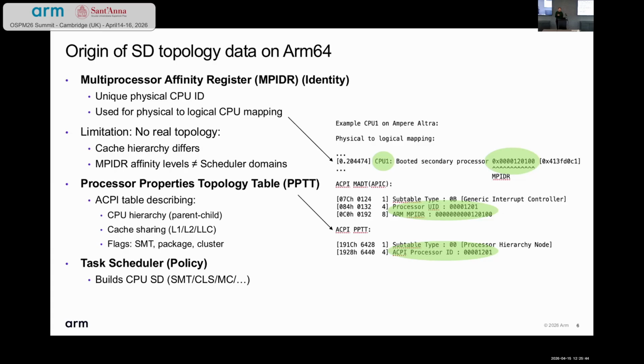This is where our firmware guys essentially map ACPI processor IDs, which we get from another ACPI table, to processor hierarchy nodes, and they describe leaves like CPUs, which we then form into scheduler domain CPU masks. So we can also play with the PPTT table to change and rearrange stuff.